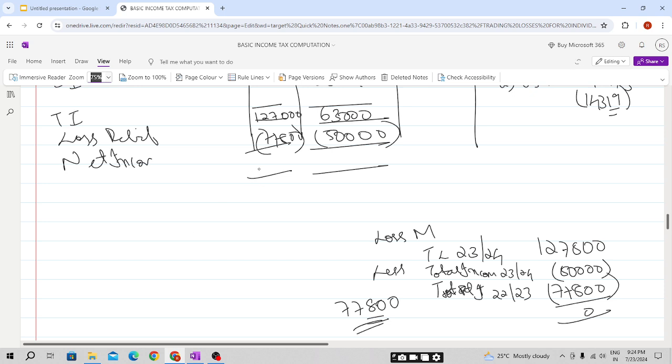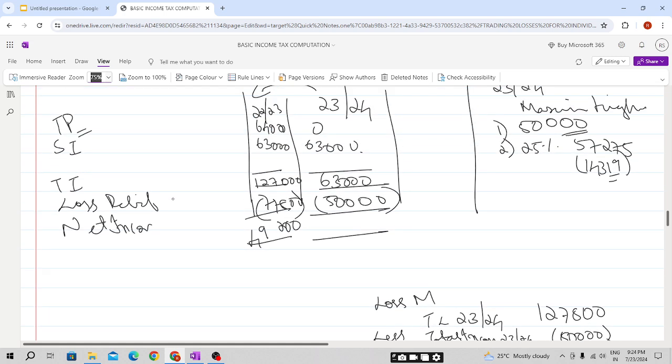So the net income will be 127,000 minus 64,000, then 13,000. It will be 49,200. Students, please do remember, first it will be reduced from the same trade, then the total income, but the restriction will only apply to the total income. Please keep this in mind.